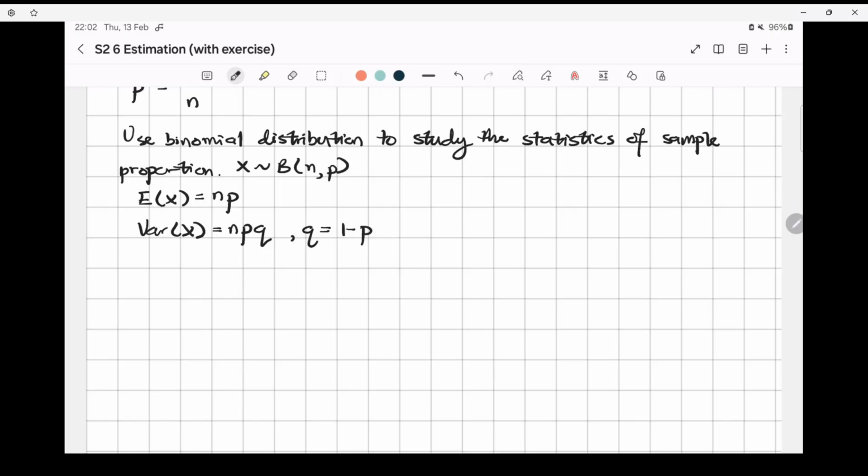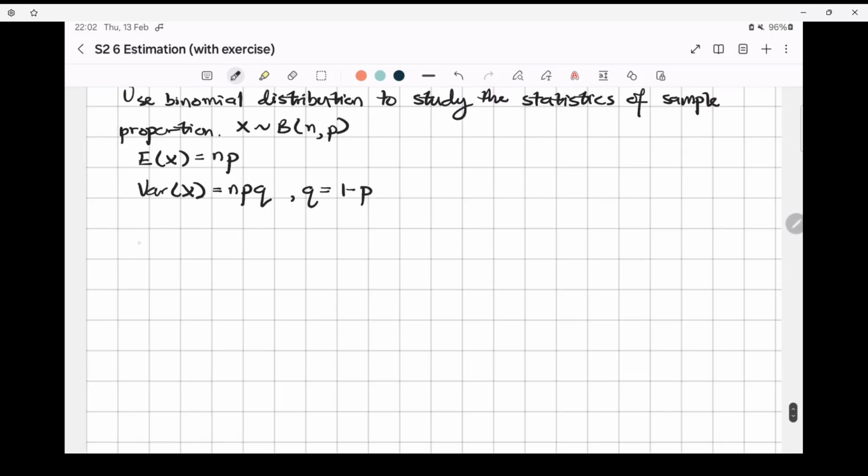Now let's look at the expected value of sample proportion. The formula given above is x divided by n. We know from previous chapters that you can move out the n, and that will give us 1 over n multiplied by E of x.